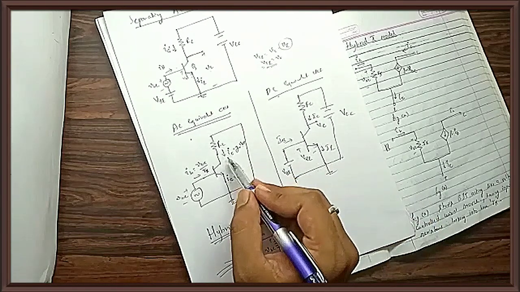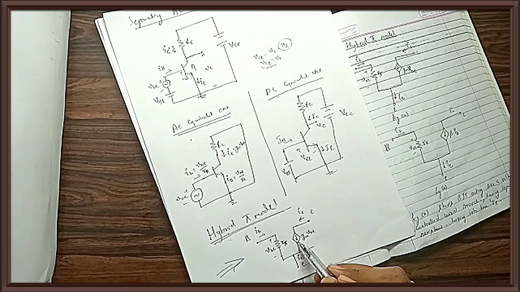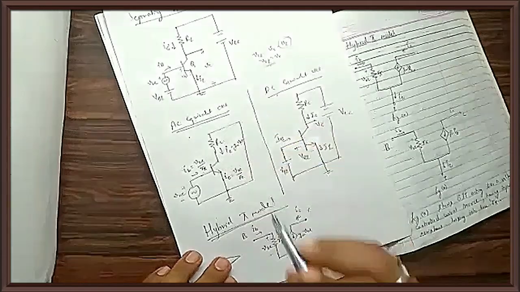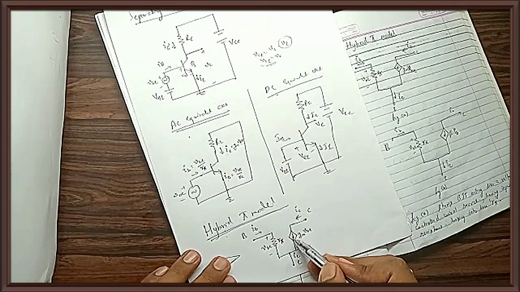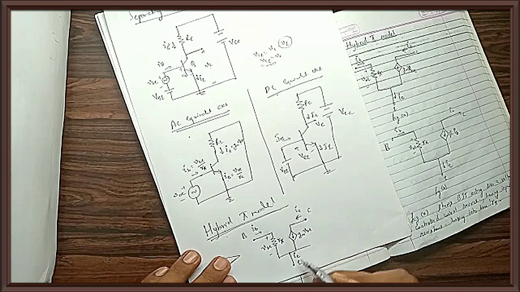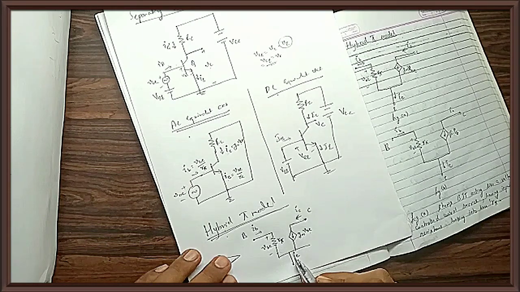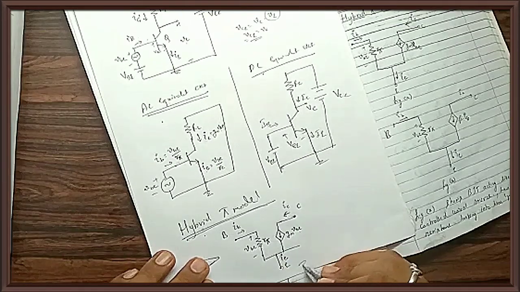The output parameter is current, so I draw it as a current source with the arrow downwards, because current is flowing from collector to emitter. It is GM into VB, and the sum of current entering the node should be equal to the sum of current leaving the node. So IE is equal to IB plus IC. In that scenario I am writing this point as IE. Hopefully this is very clear.